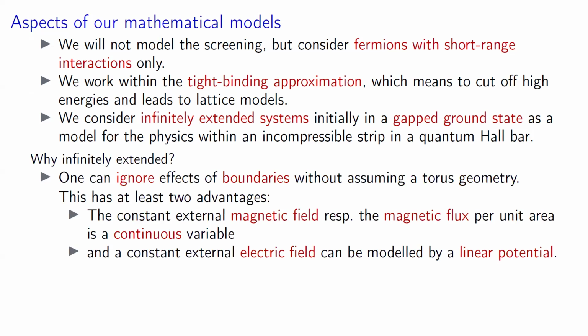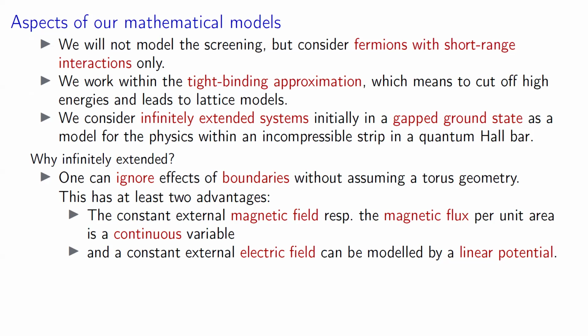One reason is we can ignore the effects of boundaries without putting the system on a torus. Actually, when you look at the math literature on these kinds of problems, mostly people look at systems on a torus. Why? Because if you have a system on a torus, you have a finite number of electrons.